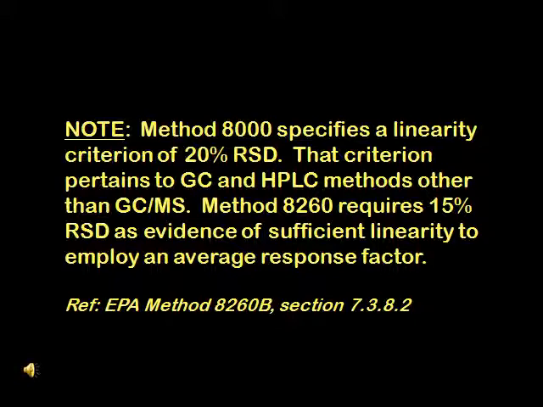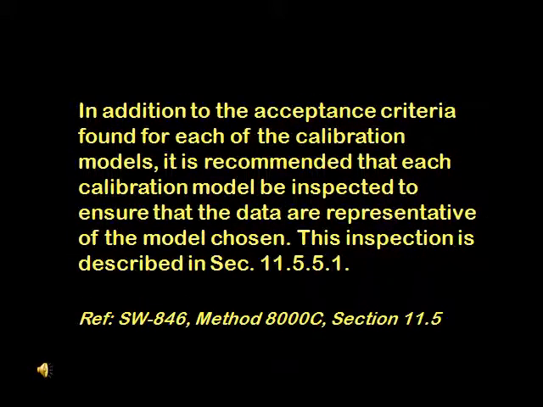In EPA Method 8260B, Section 7.3.8.2, it is noted that Method 8000 specifies a linearity criterion of 20% RSD. However, Method 8000C in Section 11.5 also states, in addition to the acceptance criteria found for each of the calibration models, it is recommended that each calibration model be inspected to ensure that the data are representative of the model chosen.